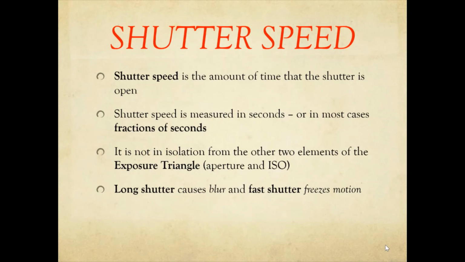Shutter speed is measured in seconds, or in most cases, fractions of seconds. It's not in isolation from the other two elements of the exposure triangle, which means it works reciprocally with aperture and ISO. Long shutter speeds cause blurriness, while fast shutter speeds freeze motion.